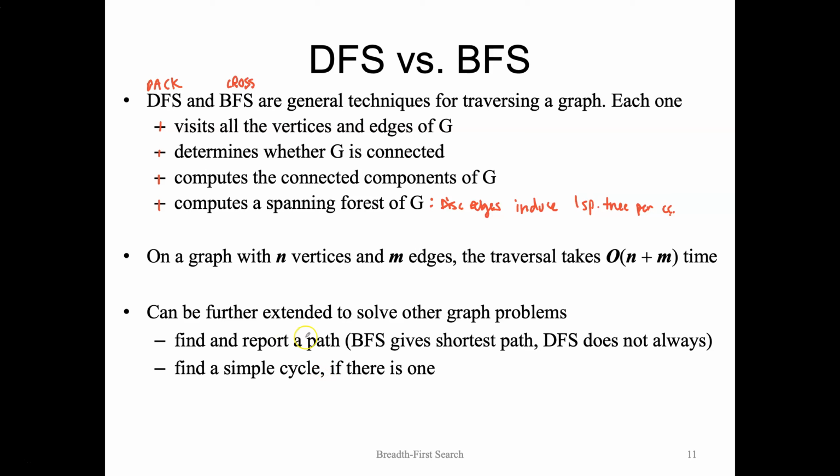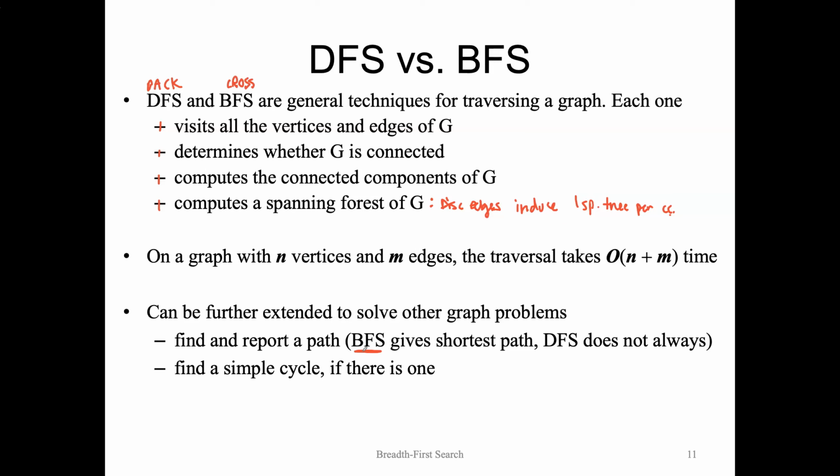Now, when it comes to finding a path, both of them can find a path, but BFS exclusively is able to guarantee that we can find a shortest path, shortest in this case in terms of the number of edges. We'll see other ways to find a shortest path if edges have weights associated with them. But BFS will give us a path that has the least number of edges. DFS might, but it's not guaranteed to do this. Certainly there are instances where DFS maybe would find us a very long path.